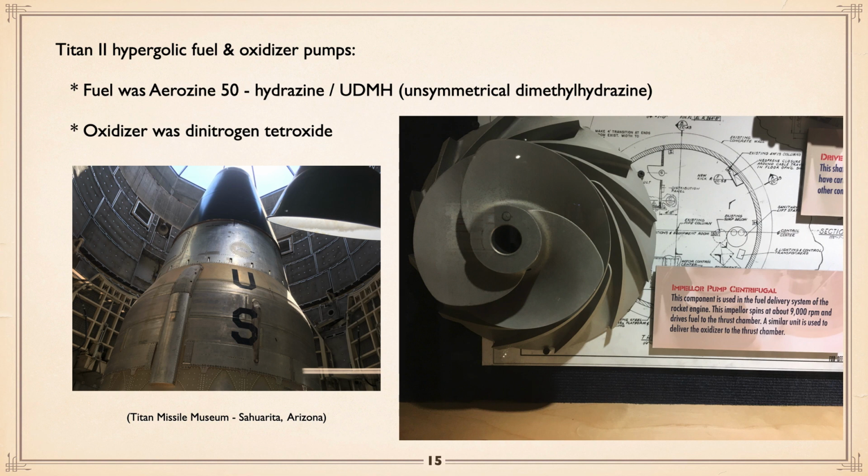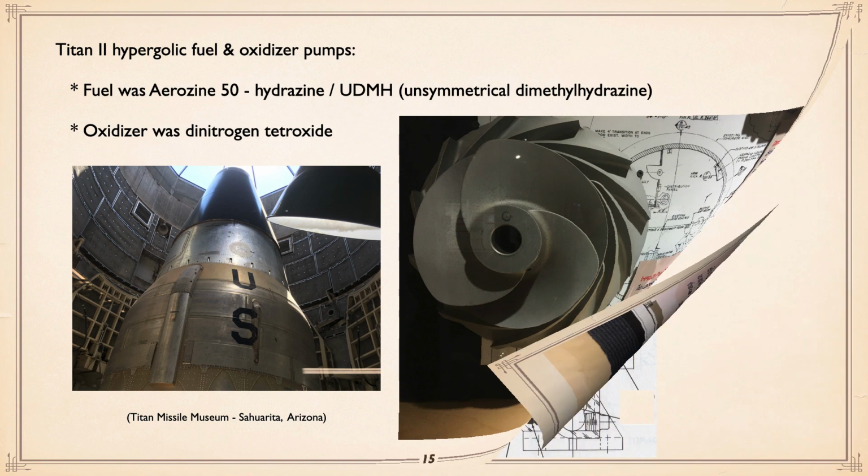As soon as the chemicals touched, it went. And that fuel was, there it is, and an oxidizer, there again. But the pumps that were moving that stuff were traveling, as it says here, about 9,000 RPM. And I should throw in a plug for the Titan Missile Museum just out of Tucson. It is worth a visit if you're ever in that area, as is Pima Aerospace.